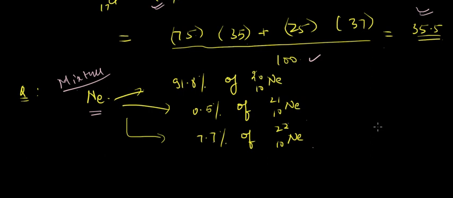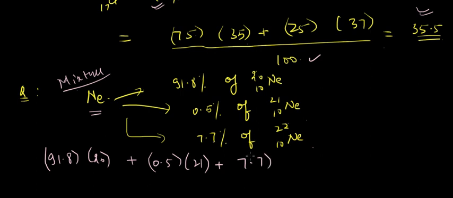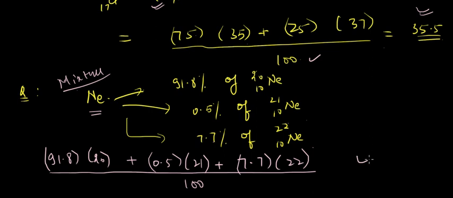So we can just have 91.8 multiplied by 20, which would be the total mass of Ne20, plus similarly for calculating the total mass of Ne21 we multiply 0.5 with 21, similarly 7.7 with 22. Again, the total number of moles in the mixture is 100, so this can give you the molar mass of neon in the mixture.